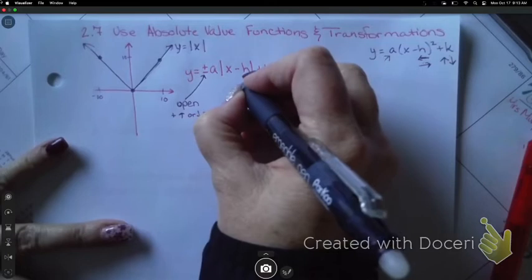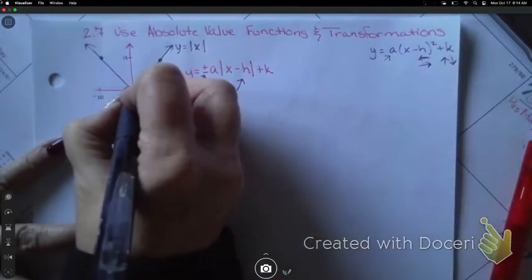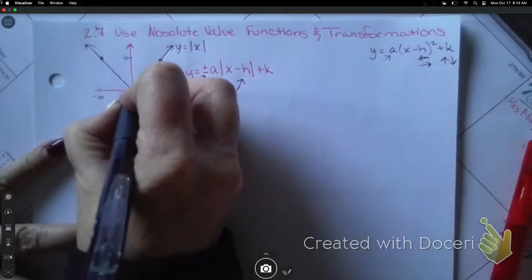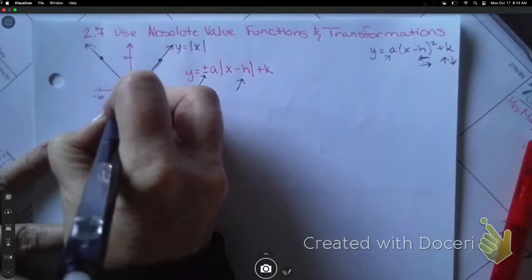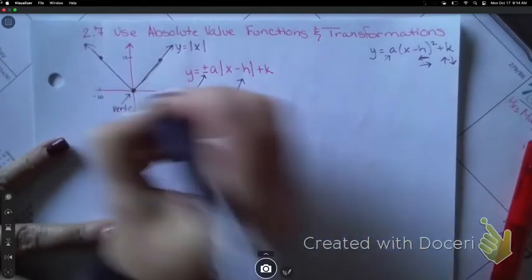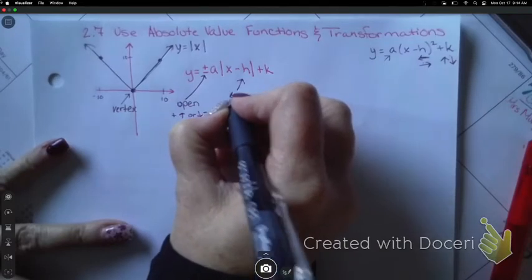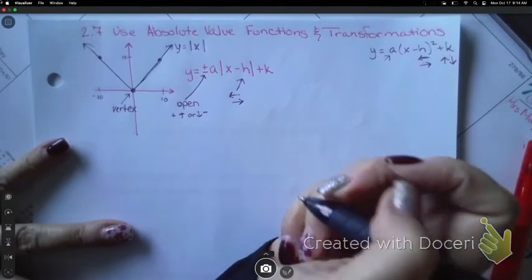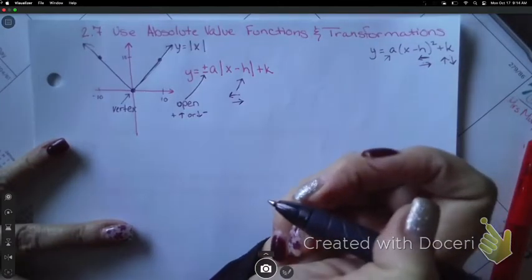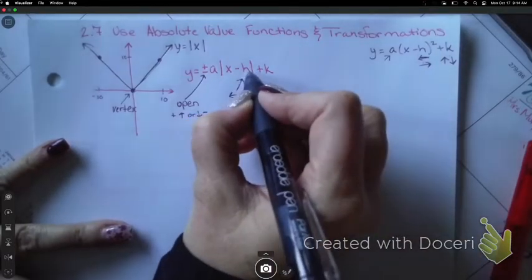This h moves the vertex. Right here is the vertex. It moves it left or right. But you notice this says minus h, correct?